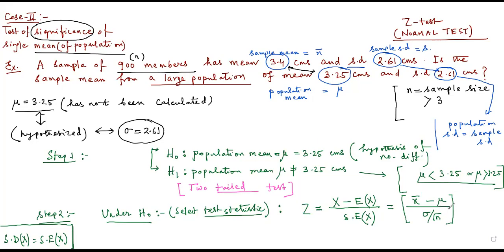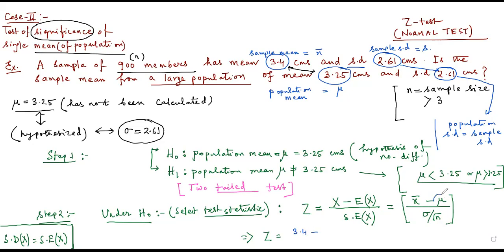This is the formula which you studied as a theorem. Now we are going to apply this as a statistical tool to test the null hypothesis. You see that in this formula there are 4 terms: x bar, mu, sigma, and sample size small n. All the values are known from the question. So x bar, the sample mean value, is 3.4.